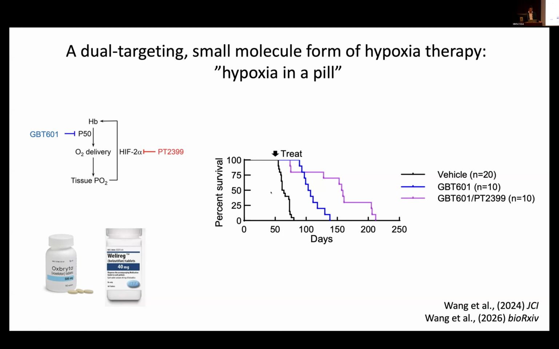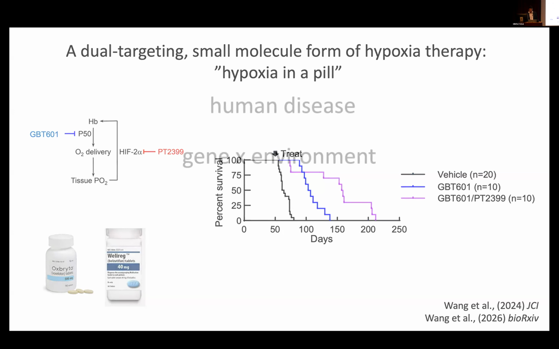So this is a very, very stringent test, and they'll die in the next 10 days from their neurological disease if they get vehicle. If they're getting this combination, now they're surviving median in excess of 160 days. Both of these drugs have been shown to be safe in healthy humans. And so we're excited about this as a potentially pharmacologically tractable form of hypoxia in a pill.